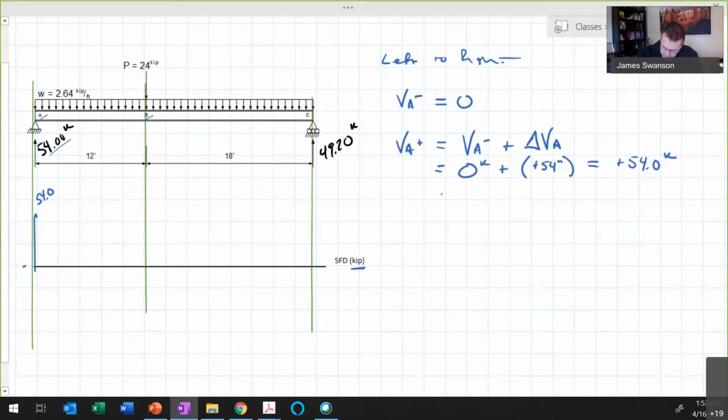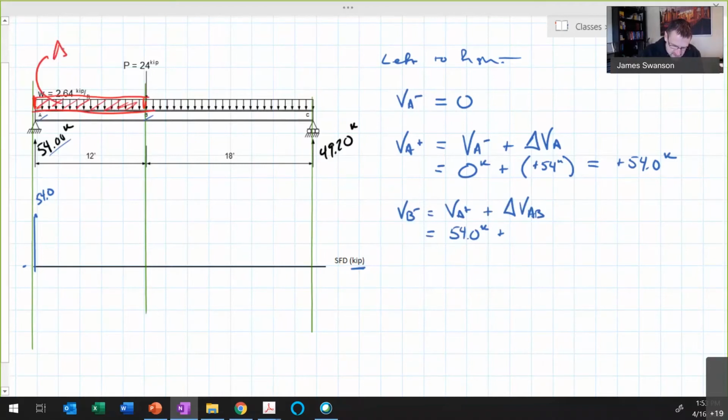So I'm going to go to point B. The shear just to the left of point B is equal to the shear just to the right of point A plus the change in shear between points A and B. So that's equal to 54 kips plus the change in shear, which is equal to the area under the load curve between those 2 points.